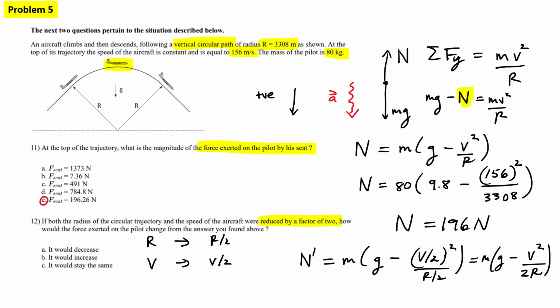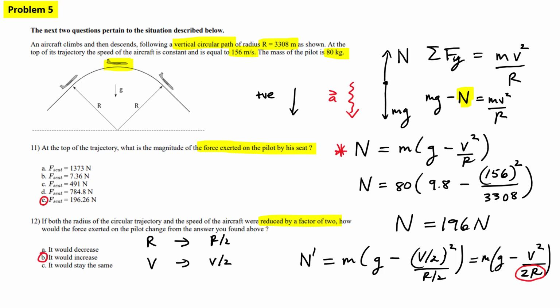Okay. So let's think about what this does now compared to my original expression, which is this one. What am I doing to that second term? I'm dividing by a number that's going to be bigger than that one. If you divide by something big, you get a small number. So I'm taking away less, right? If I'm taking away less, it means the normal force is going to increase in this case.